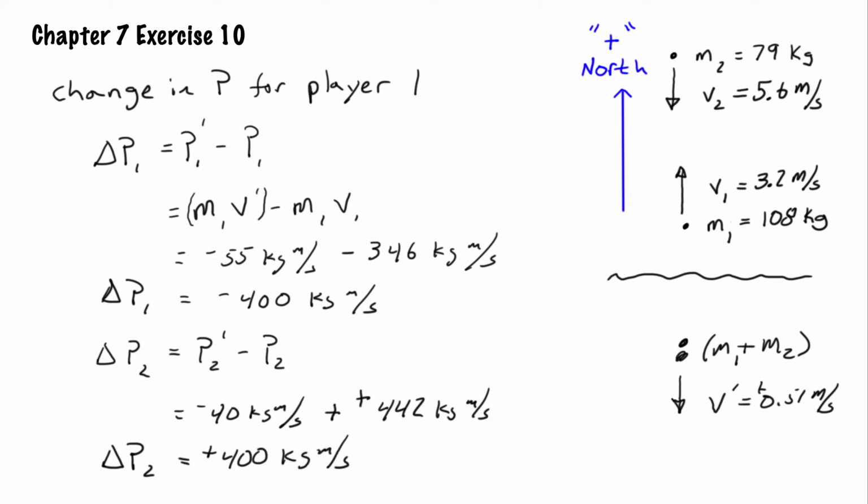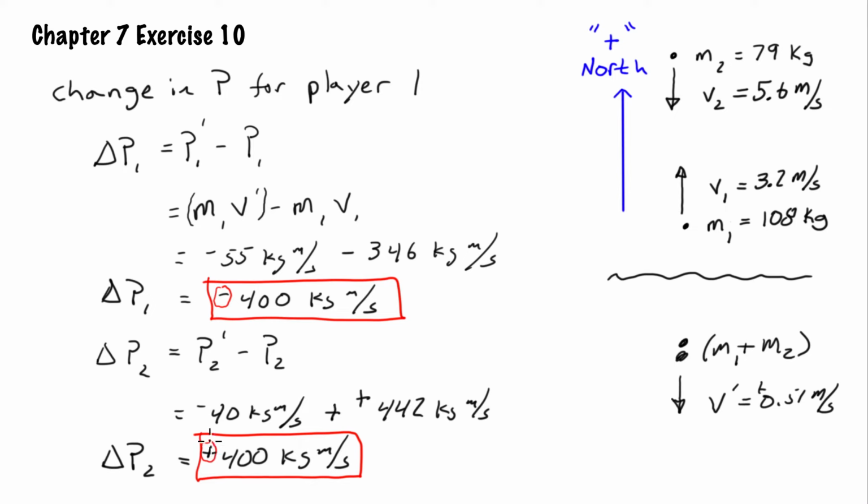This is an extremely important observation to make note of, and that is that the change in momentum of player 2 and the change in momentum of player 1 are equal to one another, except they're oppositely directed. So player 1's momentum was changed by 400 kilogram meters per second to the south, whereas player 2's momentum was changed by the same amount but to the north.